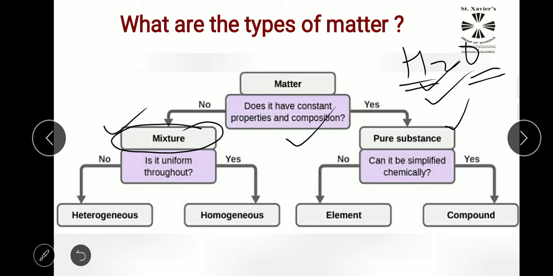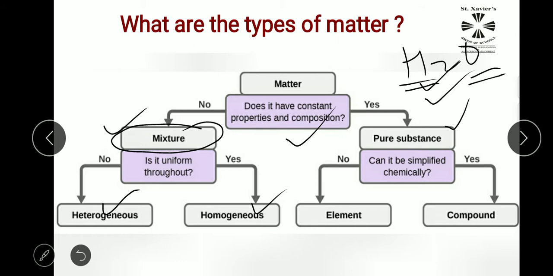Mixture is again further divided into two parts, students: heterogeneous and homogeneous. How will we come to know whether the given mixture is heterogeneous or homogeneous? I'll give one example. Suppose I have a glass. In that glass I take water and pour some oil.